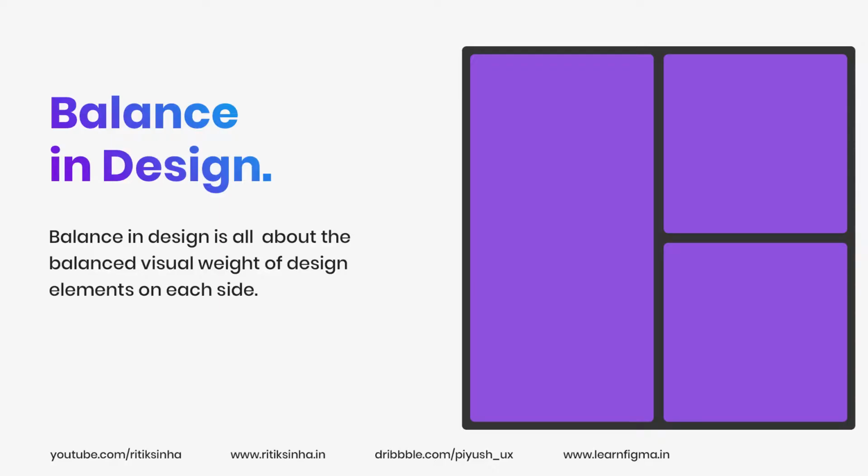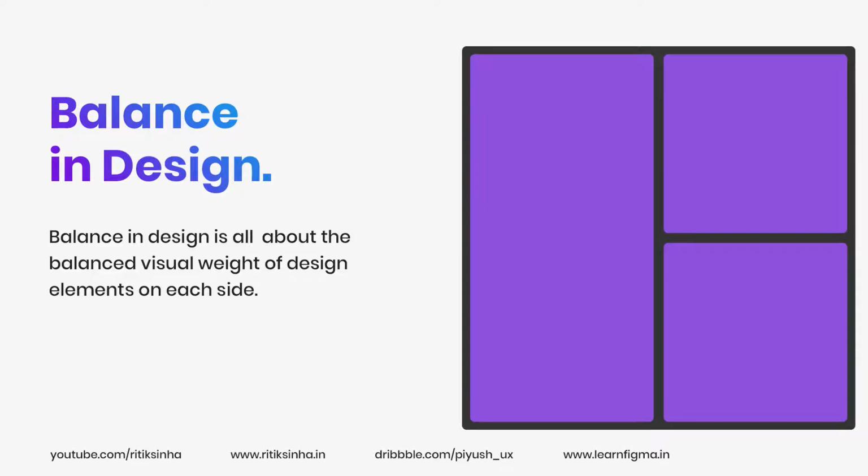Let's jump on to some six basic principles of visual design, which would help you to design in a better way. The first principle is balance. Balance is just what it sounds like. Your design should be balanced.